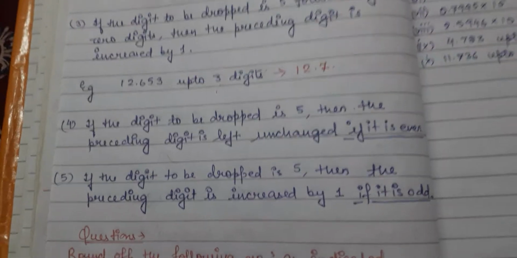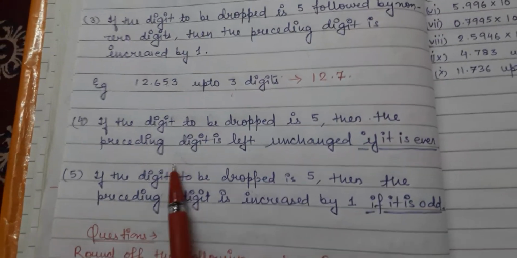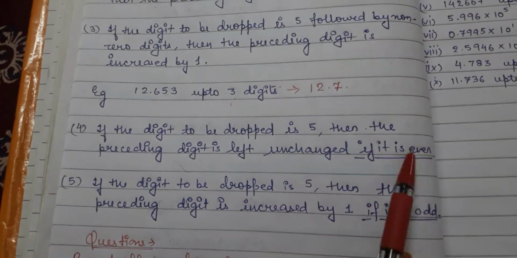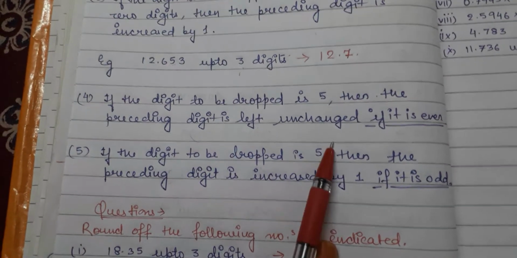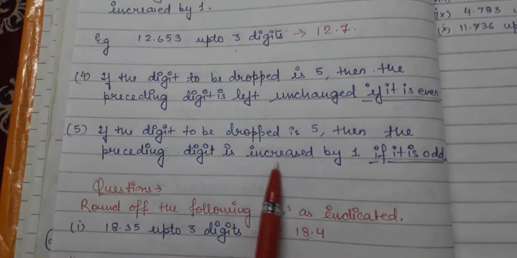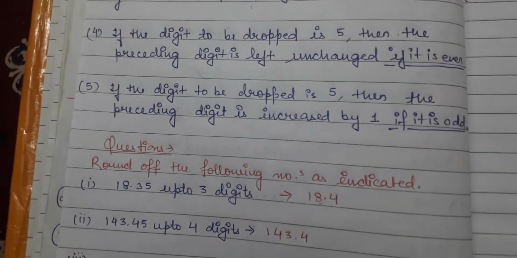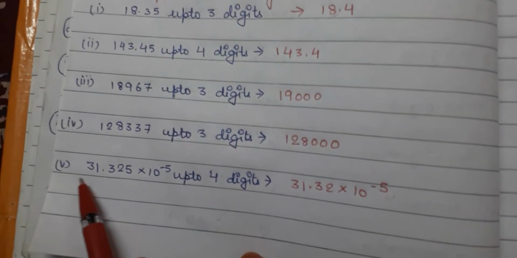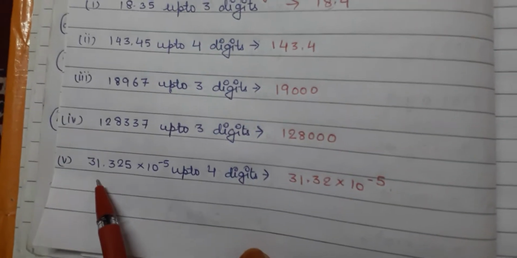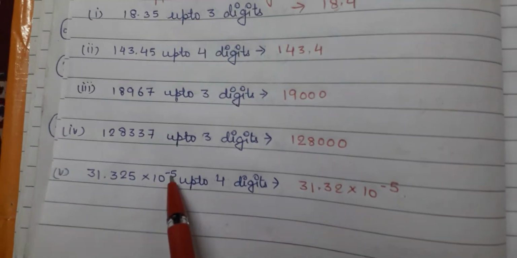If the digit to be dropped is 5, then the preceding digit is left unchanged if it is even. Okay, if it is even, then it will be left unchanged, but if it is odd, then it will be increased by 1. Suppose I have written one example here, 31.325 into 10 raised to power minus 5.